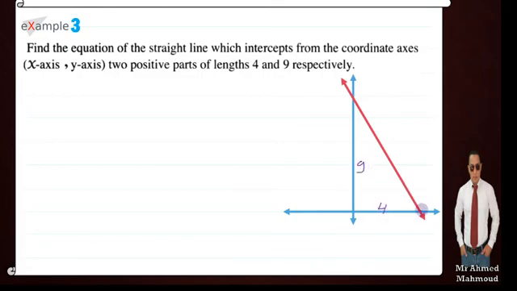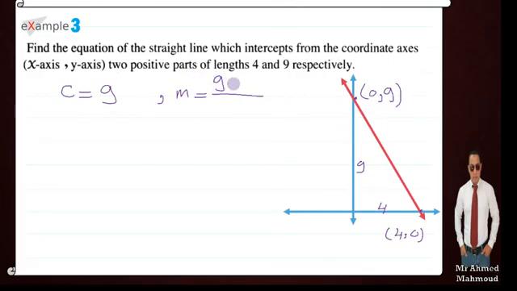That means this point is (4, 0), and this point is (0, 9). Now I have c, because the line intercepts 9 units. Therefore c equals 9, and it's very easy to find m by using the 2 points.